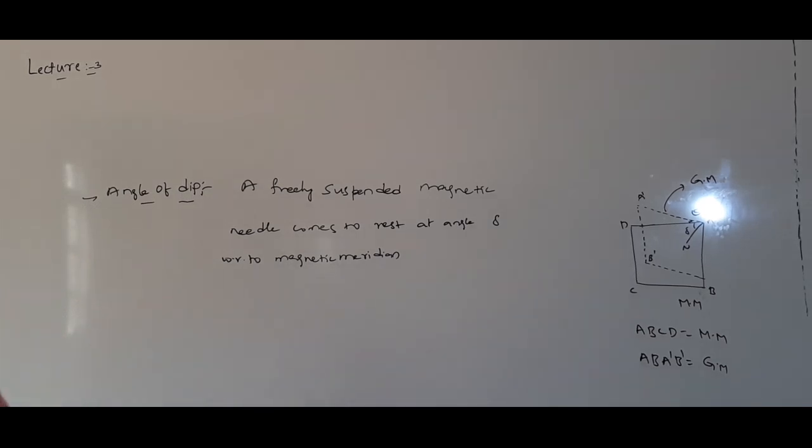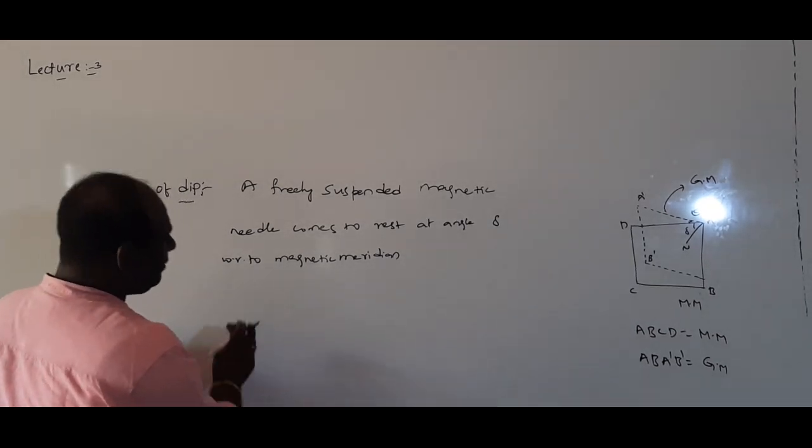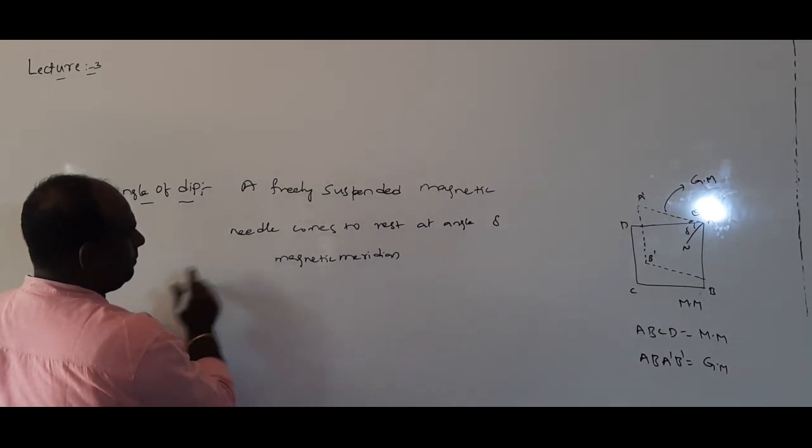A freely suspended magnetic needle comes to rest at an angle delta in magnetic meridian.